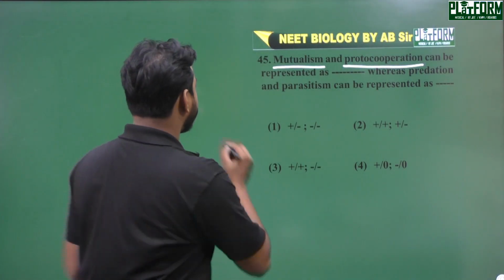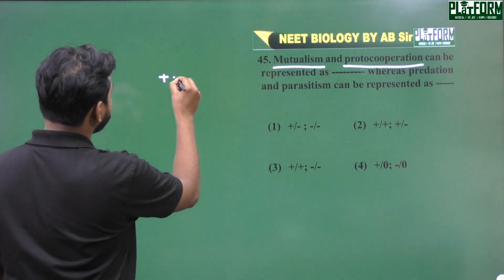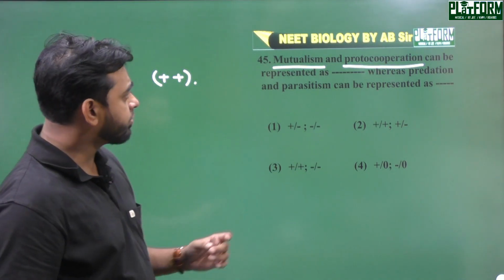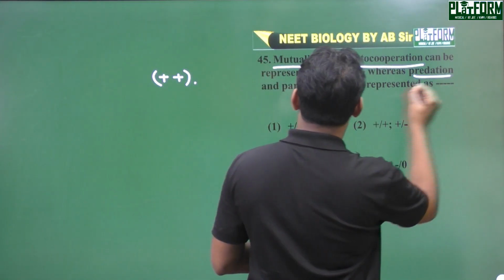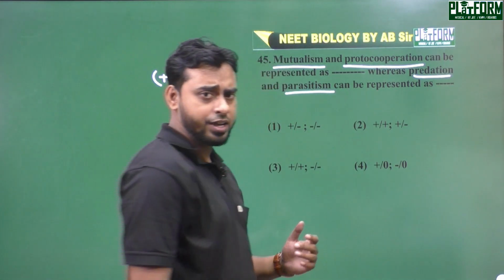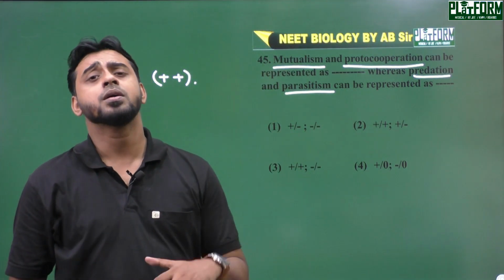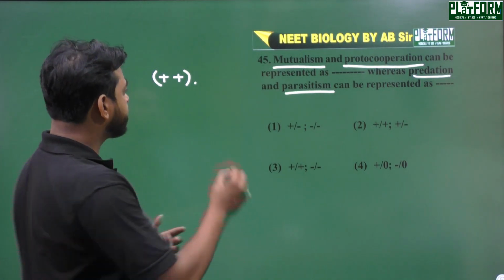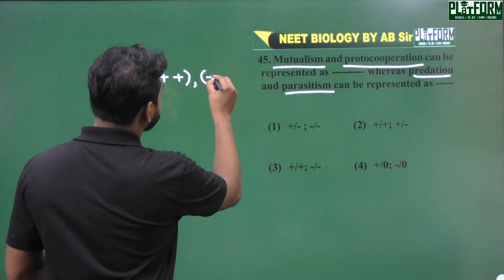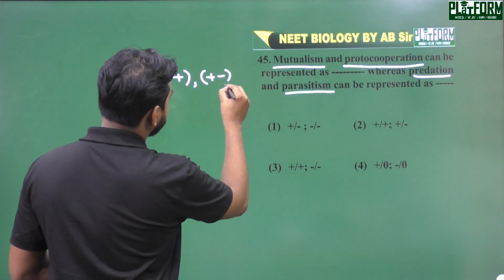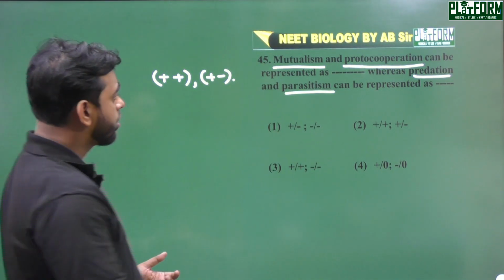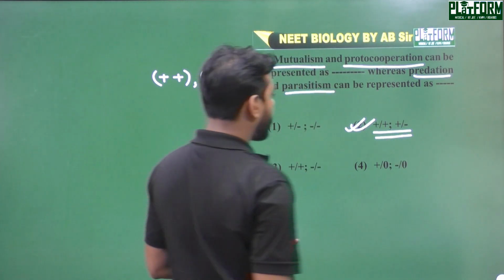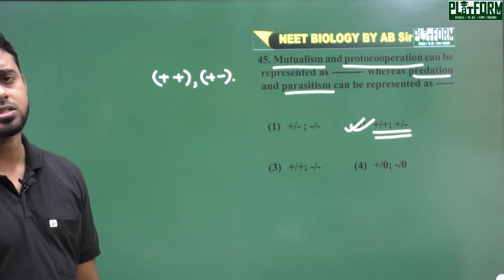So that's a positive interaction. Whereas in case of predation and parasitism, one member gets benefited and another member gets harmed. That means this type of interaction is a plus-minus interaction. So the answer will be option 2, plus-plus and plus-minus interaction.